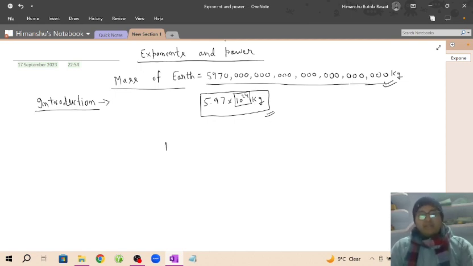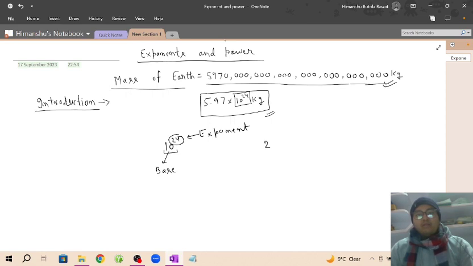In 10 to the power 24, the number 10 is the base and 24 is the exponent.